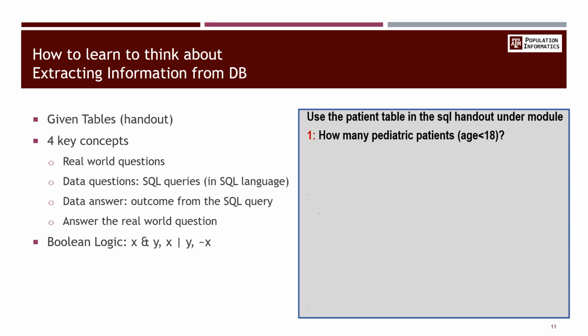That is, patients under age 18. Second, the question in the form of an SQL query looks like this with 3 keywords. It means select the columns patient name and age from the patients table where the patient's age is under 18.